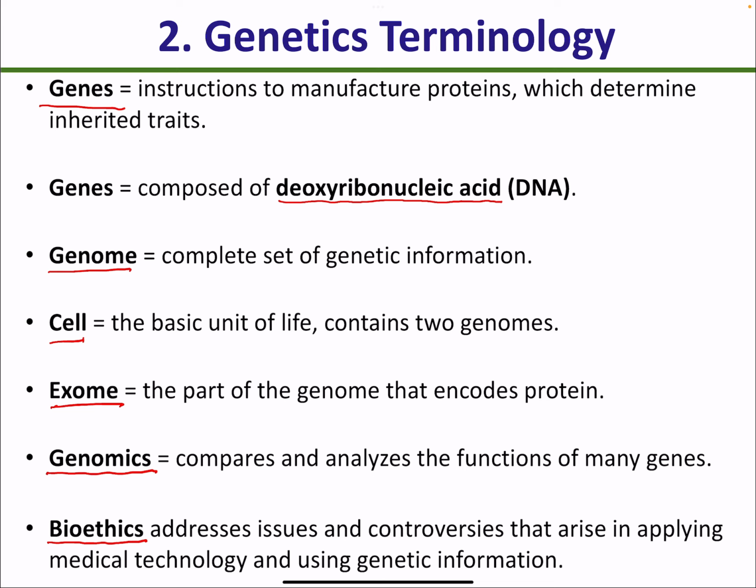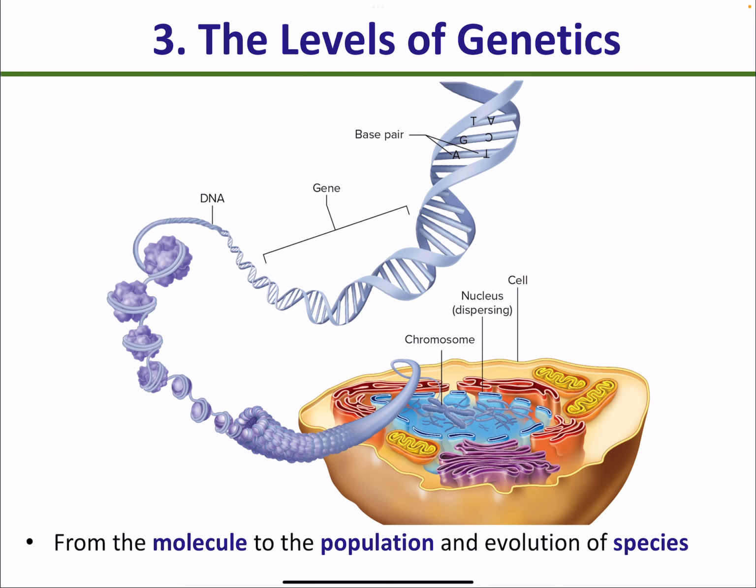So now that we've defined some terms of genetics, let's take a look at the different levels of genetics. Now, the very basic level is going to be the base pair.